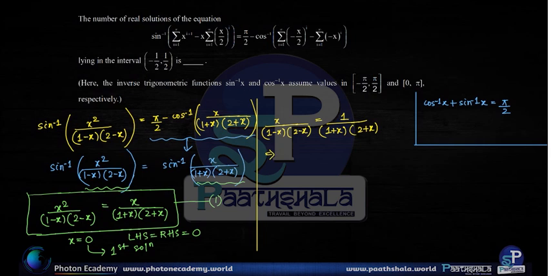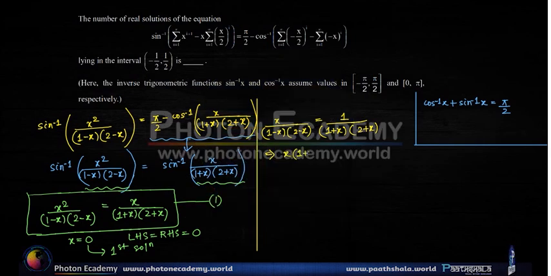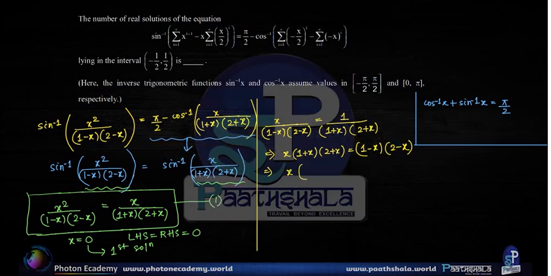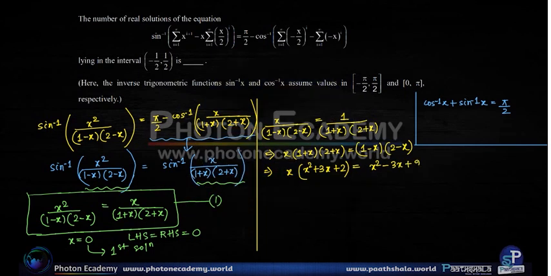That implies the equation becomes x into 1 plus x into 2 plus x is equal to 1 minus x into 2 minus x, which is equal to x into, and this is x square plus 3x plus 2, which is equal to x square minus 3x plus 2.